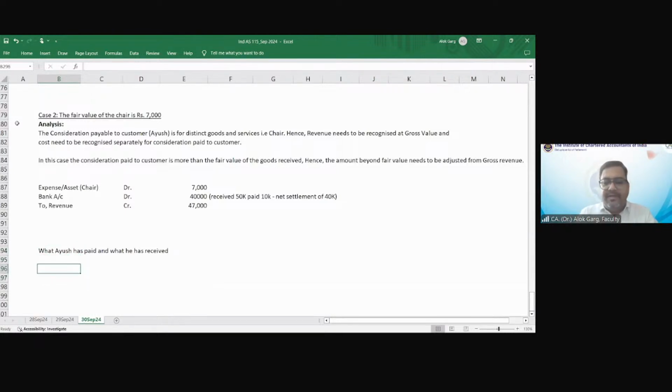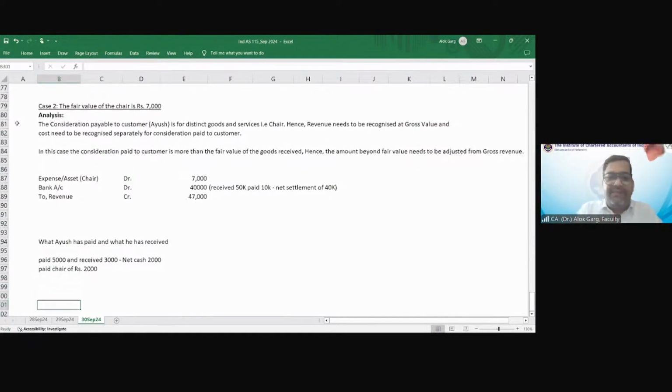First tell me. He has paid 5,000 for the FR classes and received 3,000. So net cash, he has paid 2,000. What he has paid: cash of rupees 2,000. Okay. What has he received?